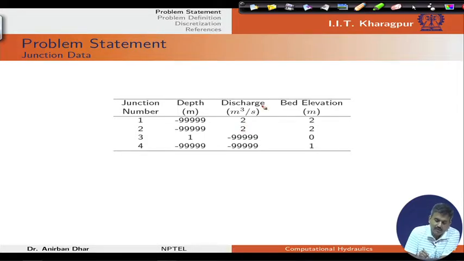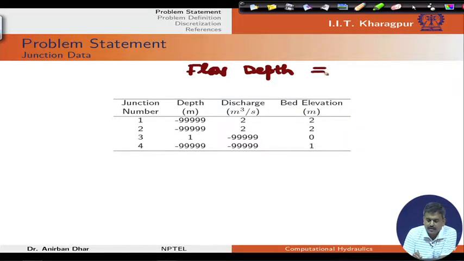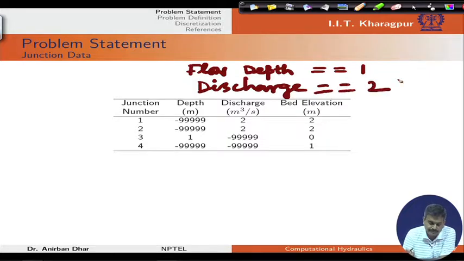So, for depth or flow depth, we will write 1, and discharge is equivalent to 2.